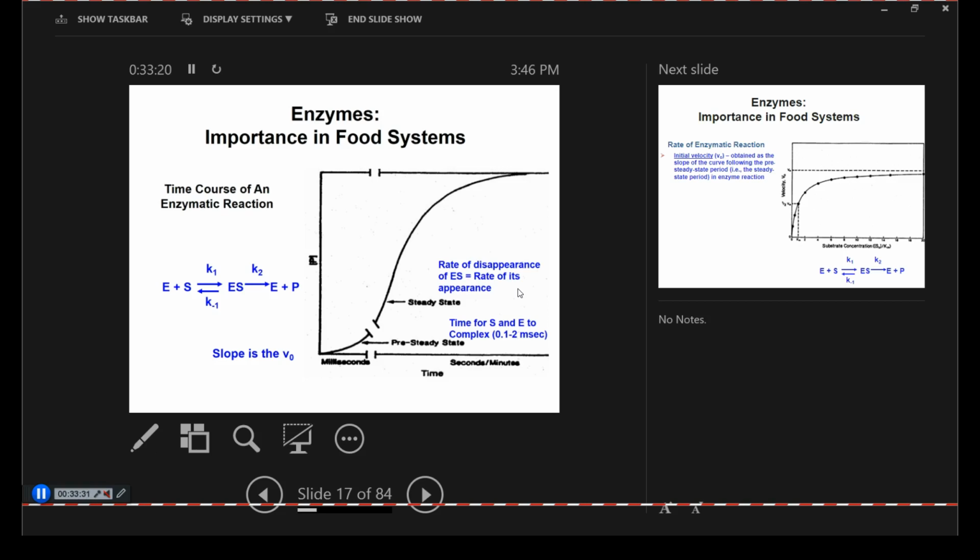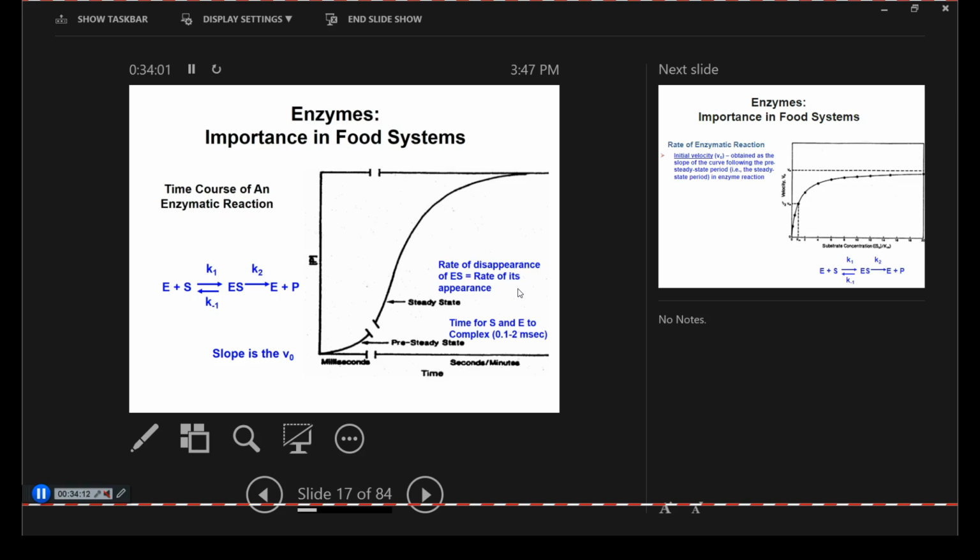And then after that, the rate of disappearance equals the rate of appearance, and that we call the steady state. You can see here we have a linear curve. Here is your steady state, where you want to determine kinetics of the enzyme. And the slope of this linear line is your rate, or V0, the initial velocity, which is the rate of your reaction.